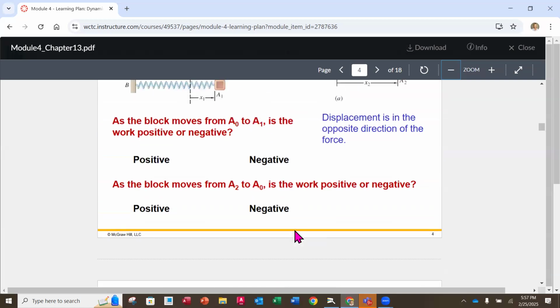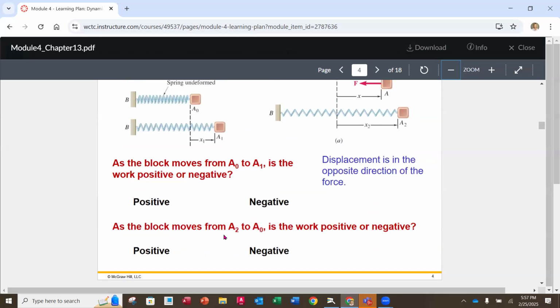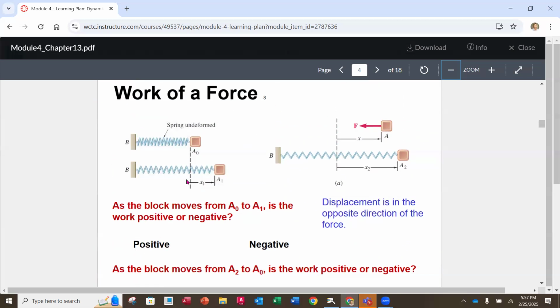Oh, there's a second one here. I gave the answer away. And then as that block moves from A2 to A0, in that case backwards, is that work positive or negative? On this side, our force is going in this direction after we have it completely stretched out. Now we're going to let go a little bit, and that force is going to go to the left. But now you'll notice that the direction of our movement is going to the left as well.